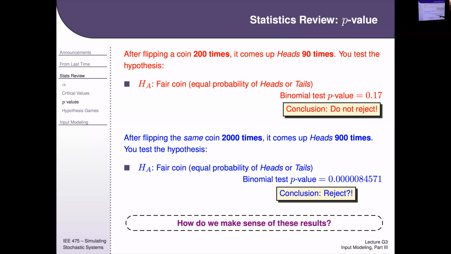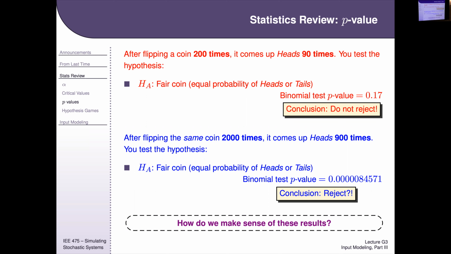But imagine I flipped the coin 2,000 times and it came up heads 900 times. Well, now the hypothesis of a fair coin, wait for it, has a p-value that is vanishingly small. Same statistics here, same proportion came up heads, but now I have an extremely small p-value. And so I might say reject the fair coin.